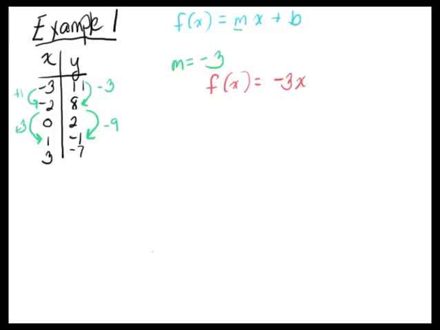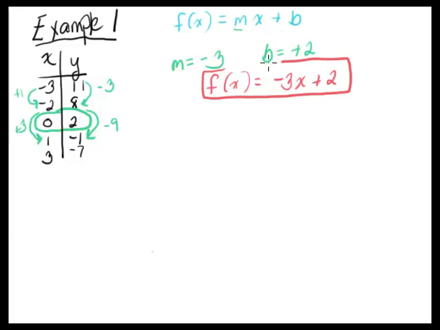Now we need to look at what our plus b is. Here, when our x is 0, our y value is 2. So our b here is plus 2. So our rule for this function is f of x equals -3x plus 2.